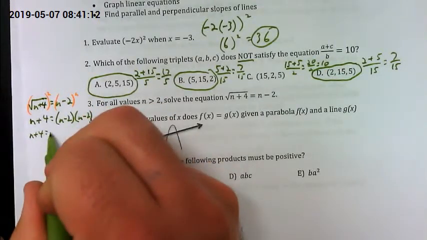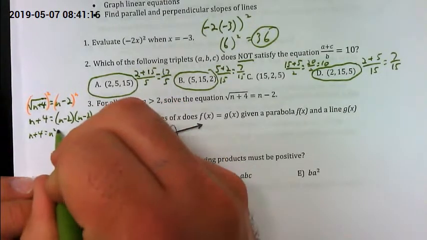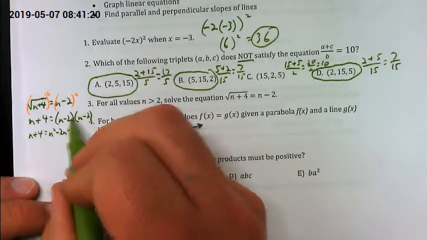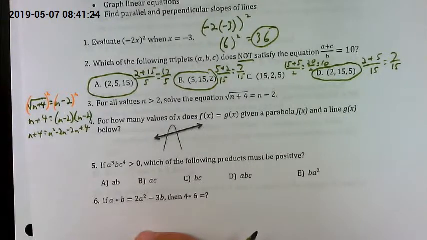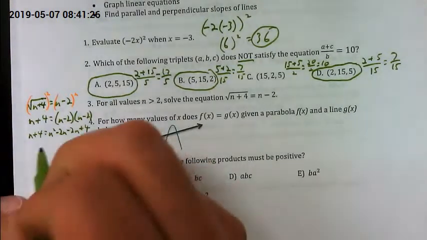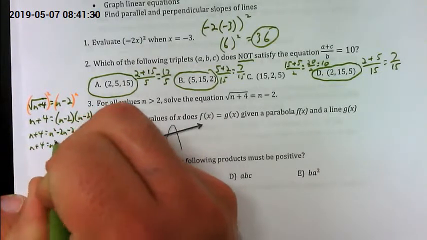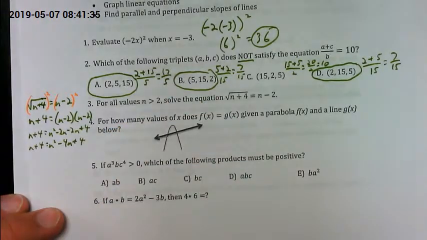N times n is n squared. N times negative 2 is negative 2n. Negative 2 times n, also negative 2n. Negative 2 times negative 2 is positive 4. So now, we can combine those 2 in the middle. That gives us negative 4n plus 4.